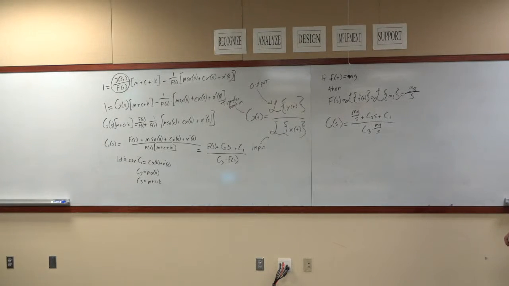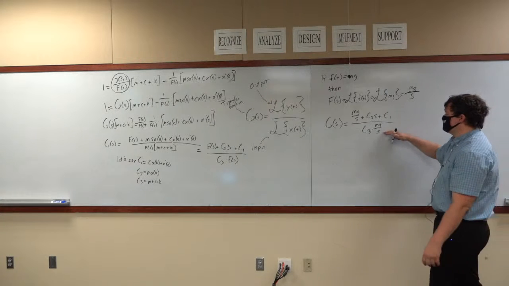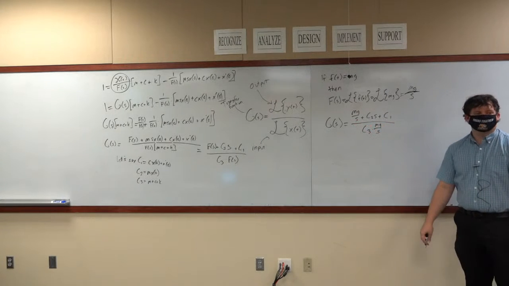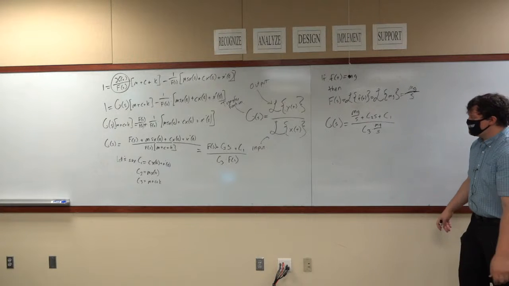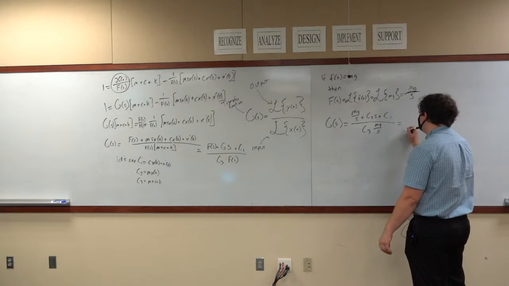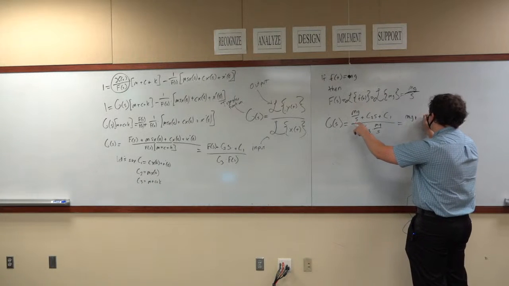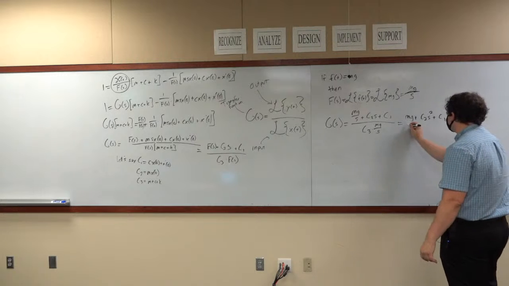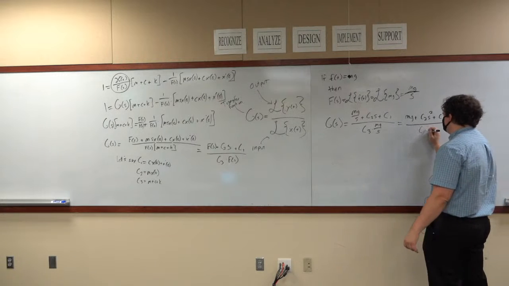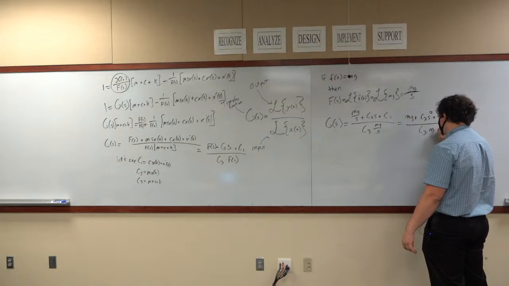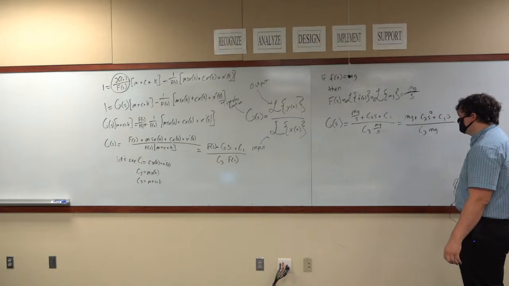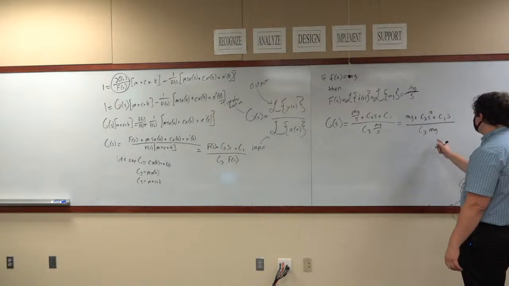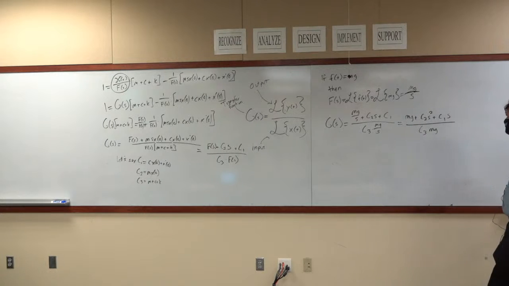In a quotient like this, we generally don't like having quotients inside of it, so we'll multiply top and bottom by s. So this is equal to (mg plus C2 s squared plus C1 s) divided by C3 mg, all of which are constants.